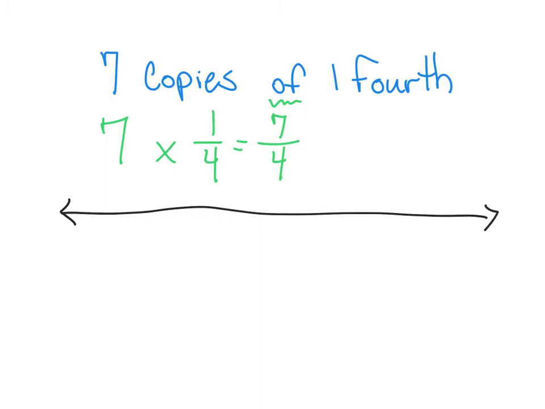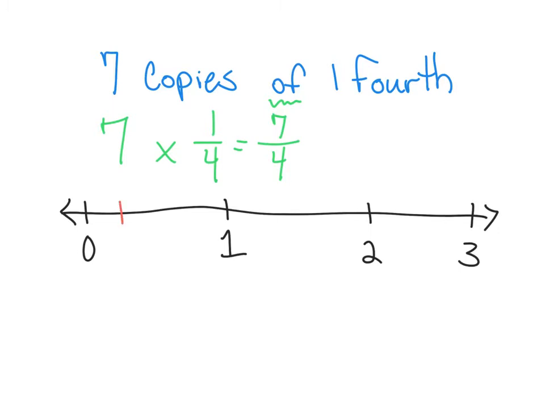We're going to start with a 0. I'm going to show the next one is a 1, another whole, and then another whole. Now we're going to break this up into fourths. This number line has to be cut up into fourths, because that is what we're dealing with right here. This denominator says fourths. So let's cut it up.